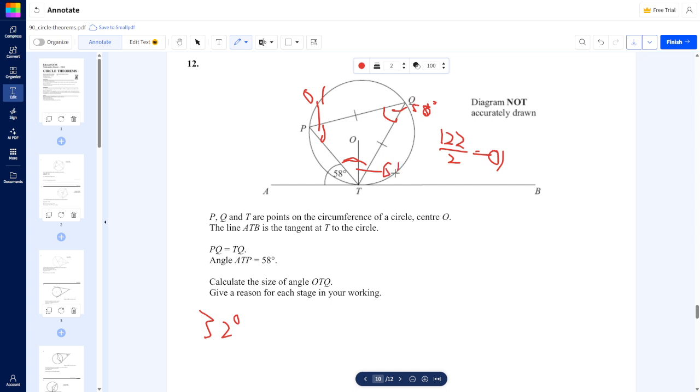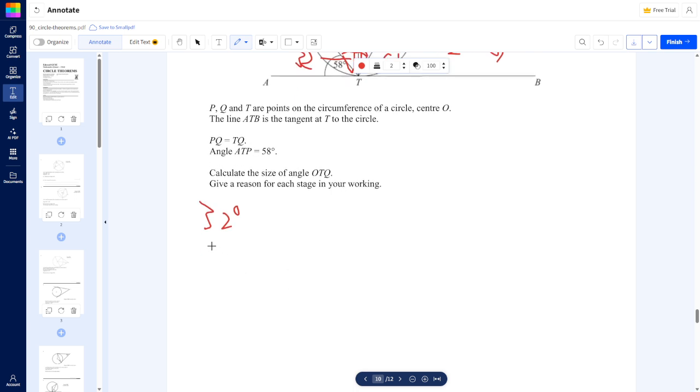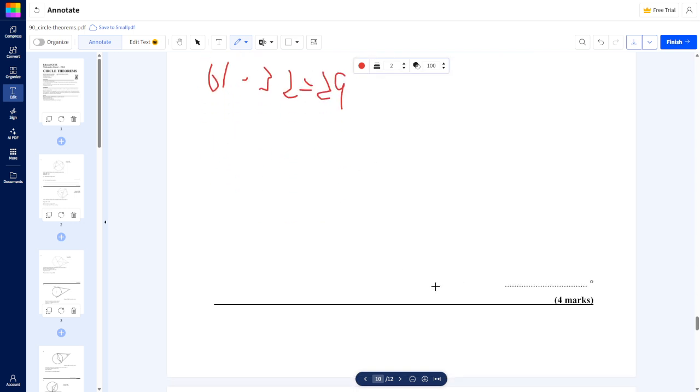But this part on its own is 32, which means the angle OTQ, which we're trying to find, is 61 minus 32, or 29. Is it 29? Yeah, it's 29 degrees.